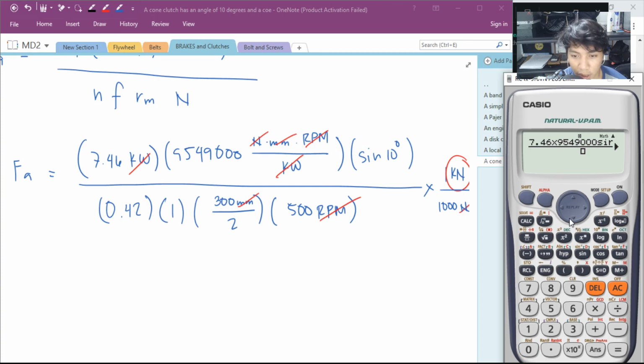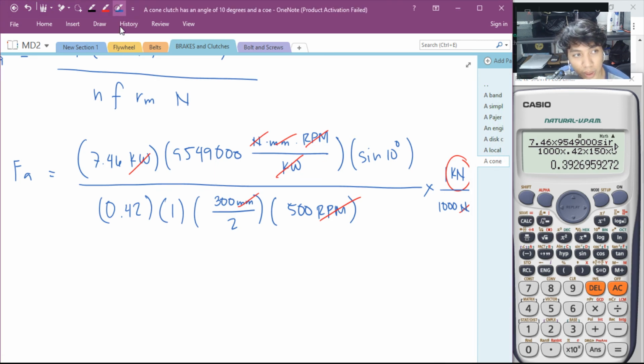Divided by 1,000 multiply to 0.42 times 150 kasi 300 divided by 2 is 150 times 500. Now, for the final problem, the answer will be 0. The actual force is 0.3927 kilonewtons.